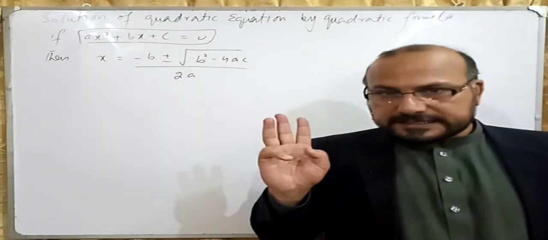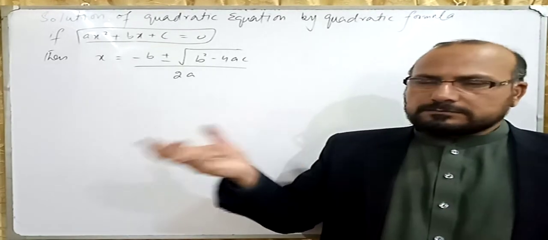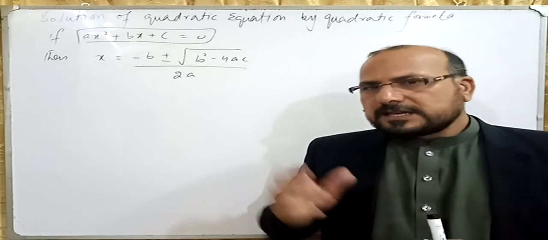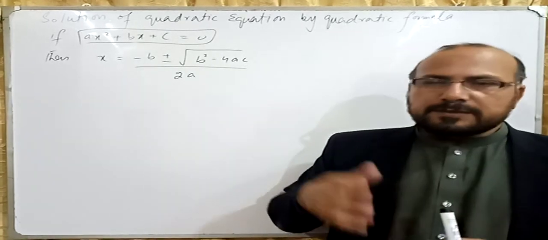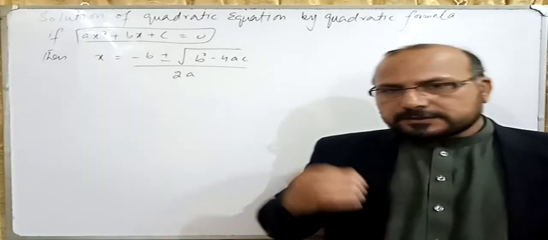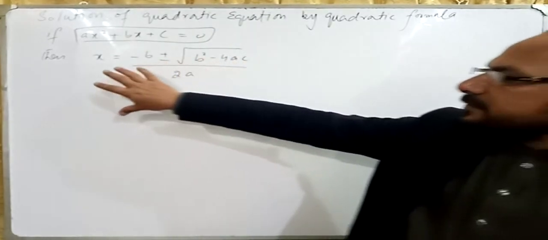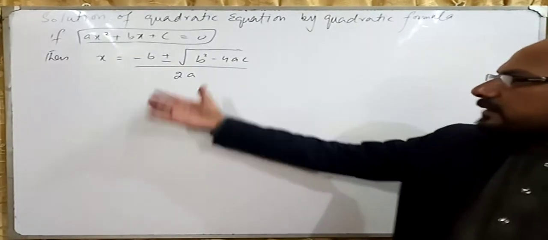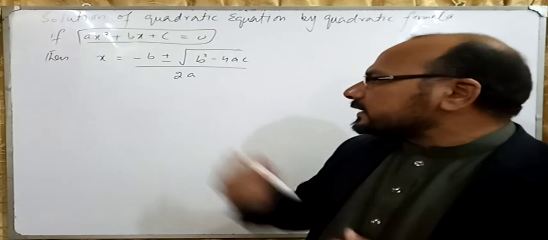But we are facing three conditions. Maybe we will have two real solutions, maybe we will have one real solution, and maybe we will have no real solution, meaning we will have an imaginary solution. How? Let me first derive the quadratic formula.